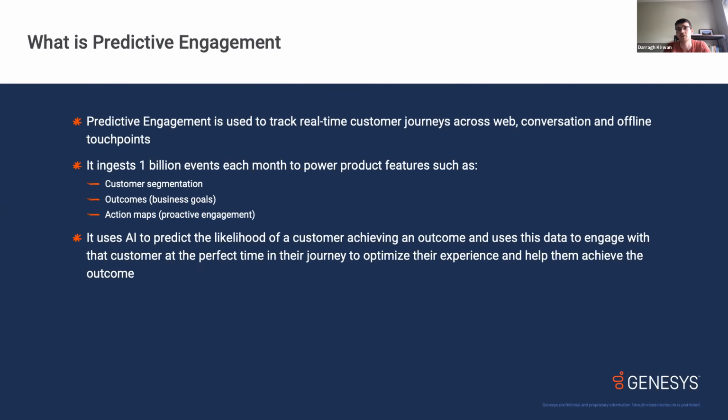And using that information, it's pretty powerful. We can use that to target customers at the right time in their journey, just when they need it. So we're not getting in the way of customers who know what they want and know how to get there. We're only targeting customers who need help to get over the line.